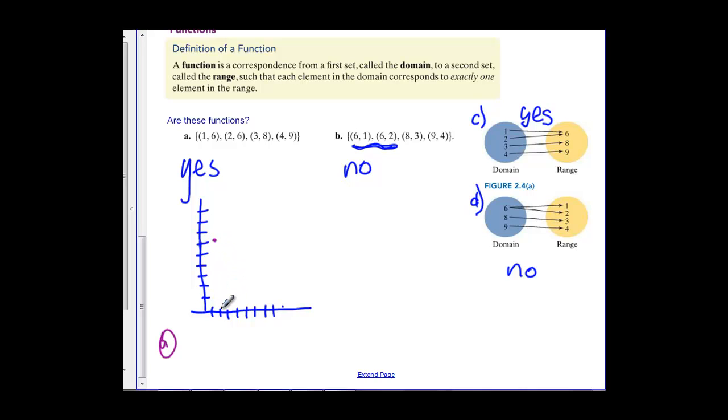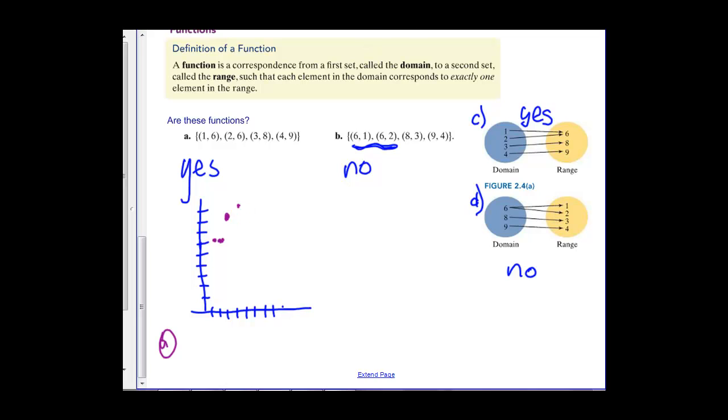We've got 2, 6, so 2, and then all the way up to 6. And 3, 8. I realize these are not beautiful, my apologies. And 4, 9, about right there. Okay, so those are horrible dots, but you get the idea.